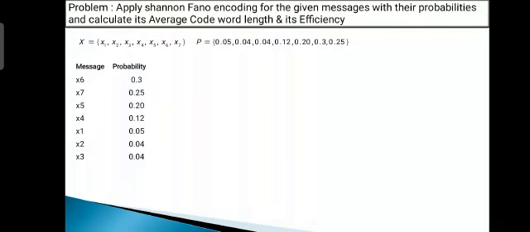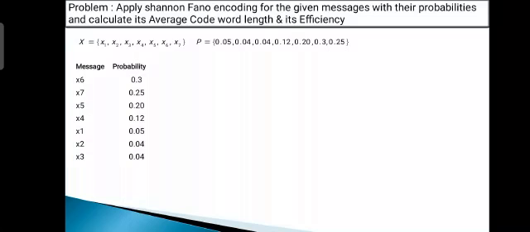So now message x6 has the maximum probability 0.3, followed by x7 with the probability of 0.25, x5 with the probability of 0.20, followed by x4 with the probability of 0.12, x1 with the probability of 0.05. Now consider the messages x2 and x3.